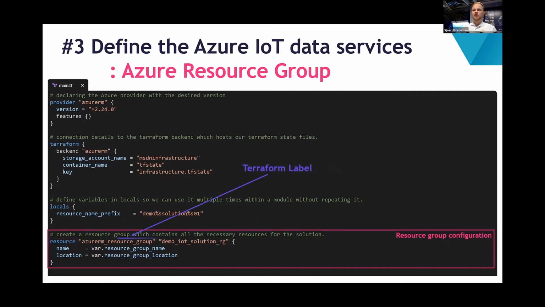After that, you will have to assign a specific label, which tells Terraform what kind of resource you want to create. So for this example, we are going to create a resource group. And the second label, we can assign a name of the specific resource, which we can use later on for other Terraform resources to make a reference.